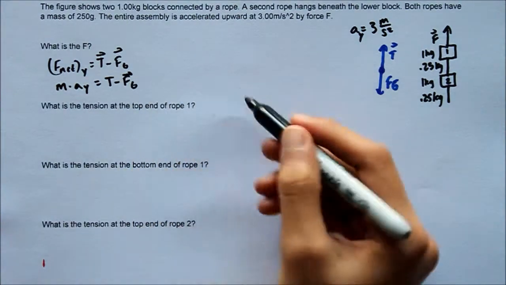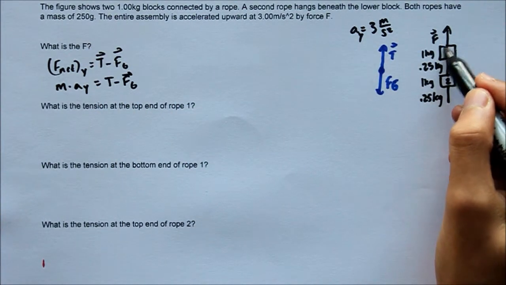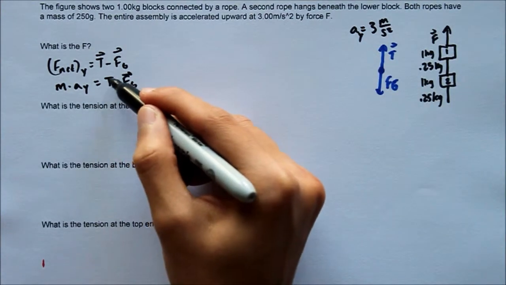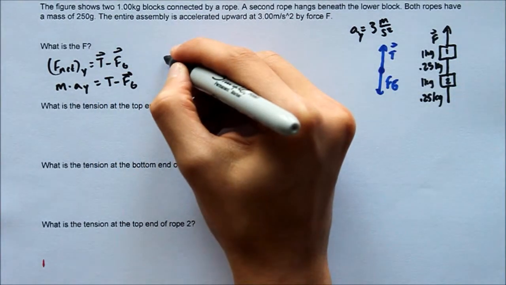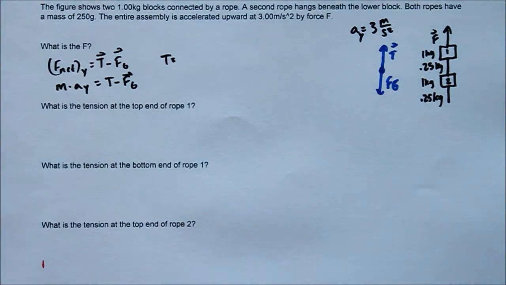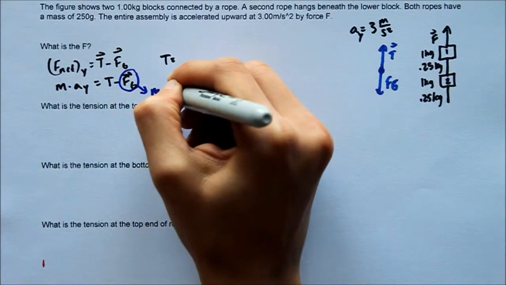In this case, since it's asking what is F, if we look at it from object 1's free body diagram, F would be your upward force. Tension is always going to be the upward force. So for the whole thing, I'm going to write that tension is going to equal, and real quick, I want to point out, if you remember, force of gravity is mg.